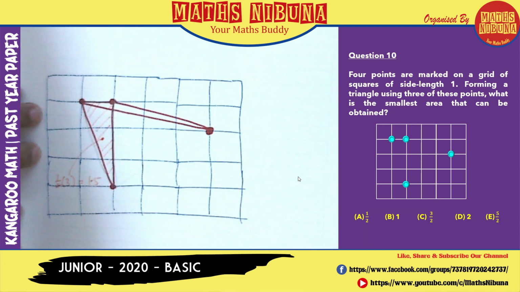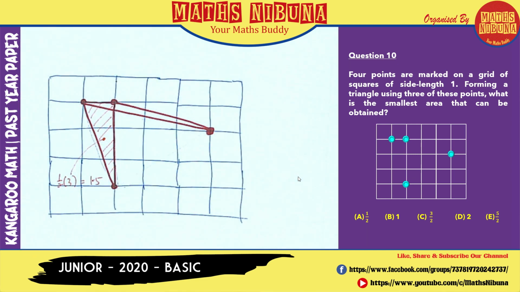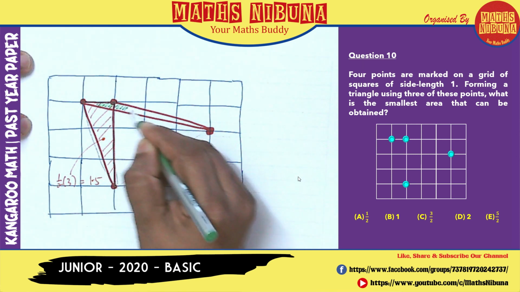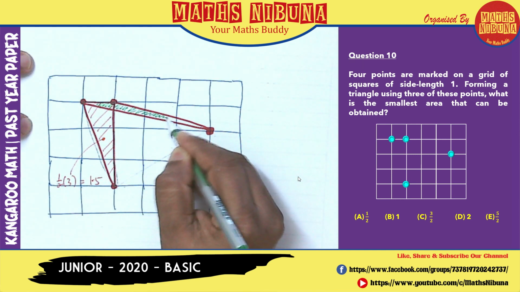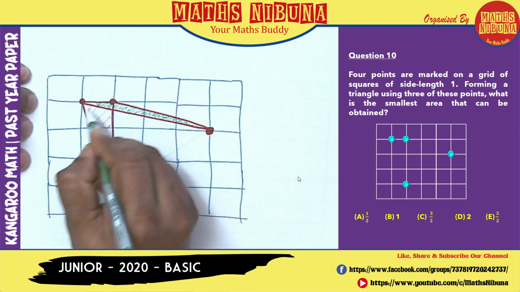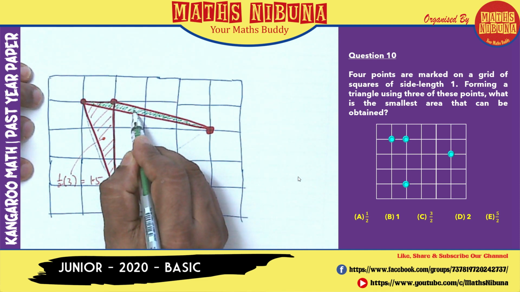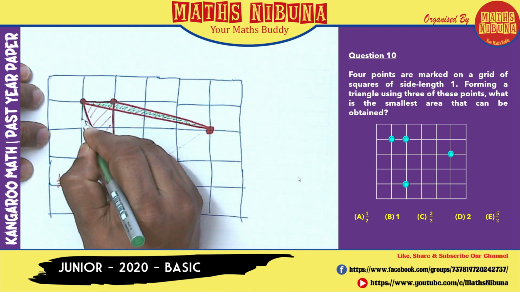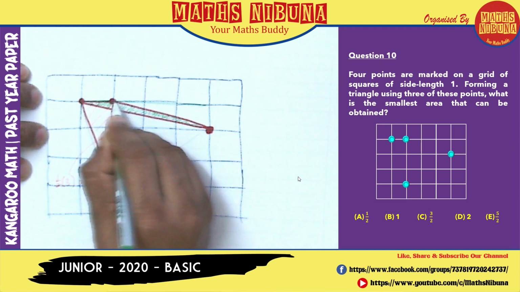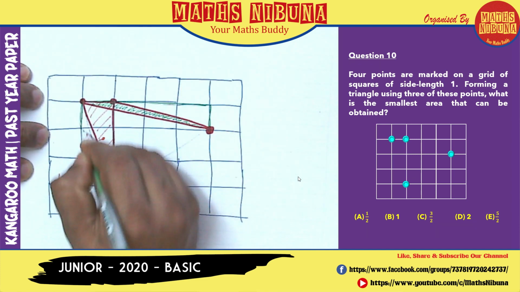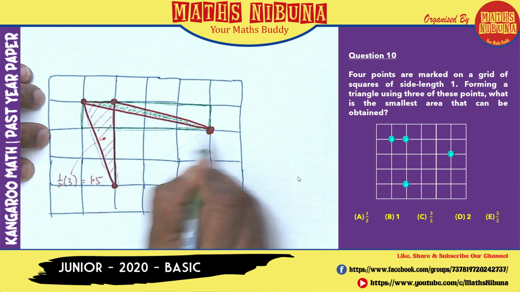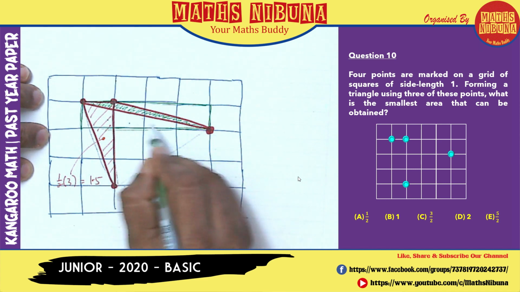Now let's say I use a green pen for this one. I want to find the area of this one. If next time they ask you to find this one, how do you find it? First, to find this green area, you find the overall and then take half. That means 1, 2, 3, 4.